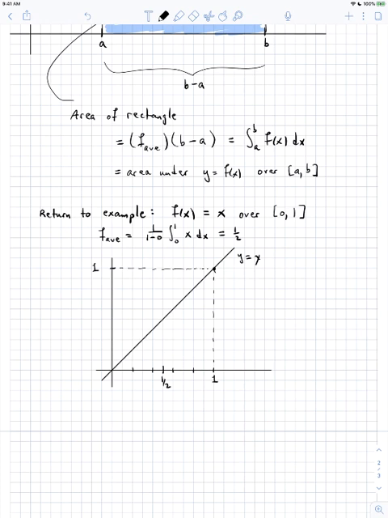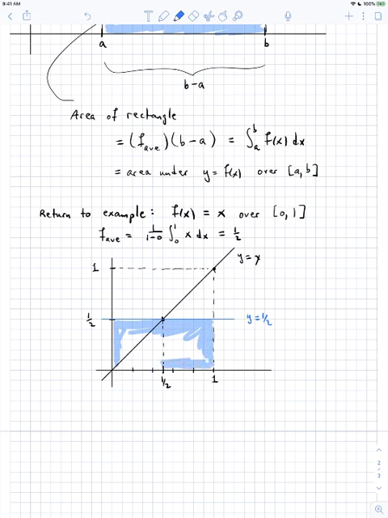That's 1/2. So we saw that the average value was equal to 1/2. So let's just mark off y equals 1/2 on this graph. So then the area underneath the curve should be equal to the area of this rectangle.